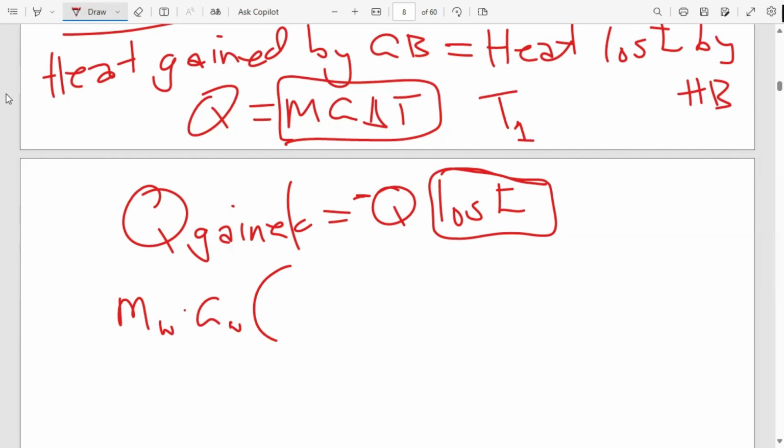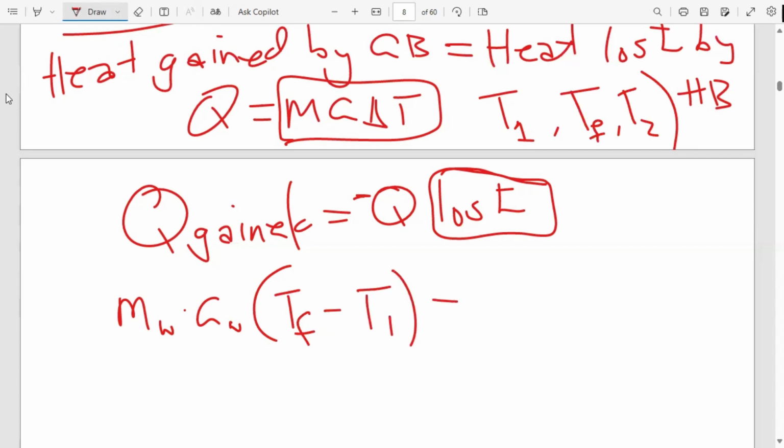Then there will be the equilibrium temperature, which will be called the final temperature. Then there will be the temperature of the hot body, which we are going to call T2. So the change in temperature here is going to be equal to the final temperature, T final, minus T1.